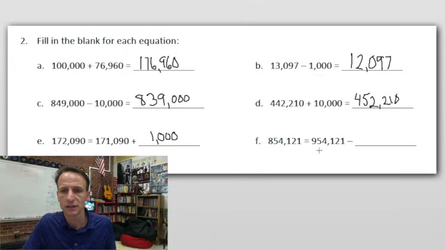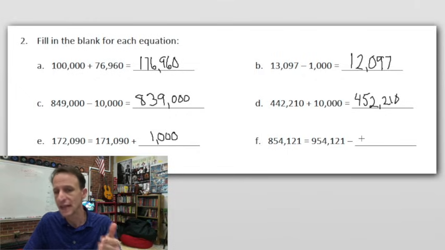Add similar one here, but we're subtracting. So we're given the subtrahend, we have to find the minuend, and we're also given the difference here. The difference is 854,121. That's what you'll get if you take 954,121, and subtract what from it?